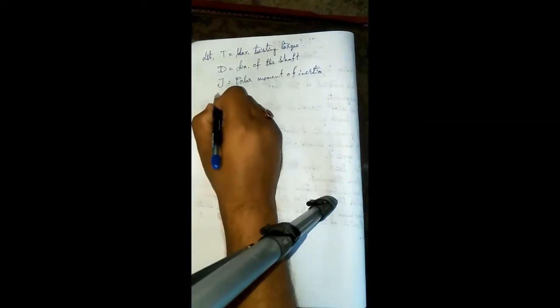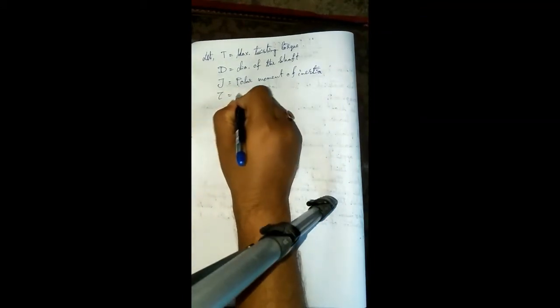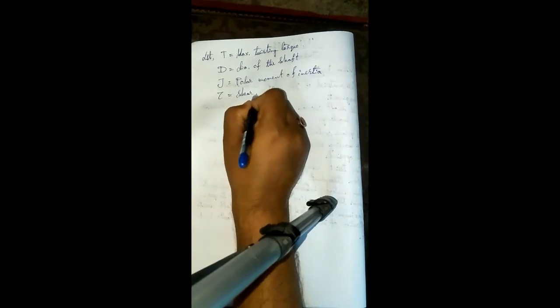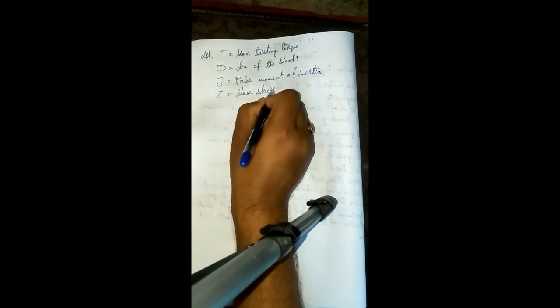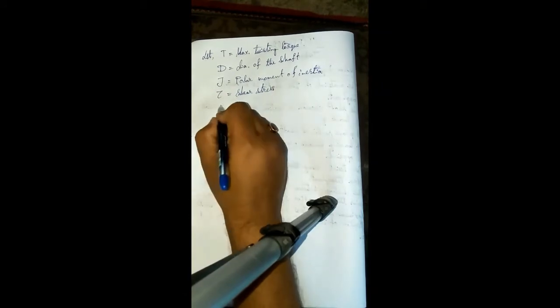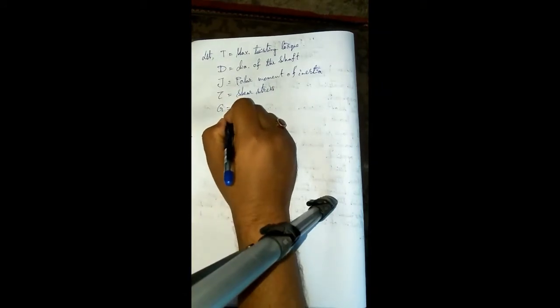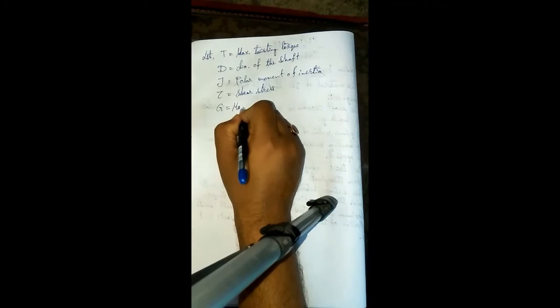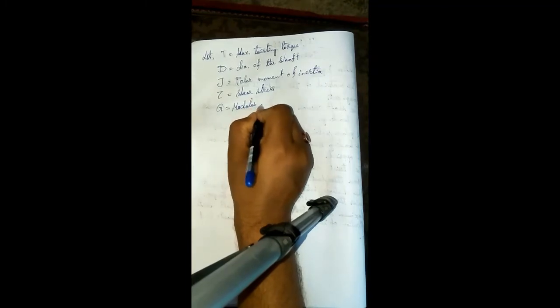Tau is obviously the shear stress. G is the modulus of rigidity.